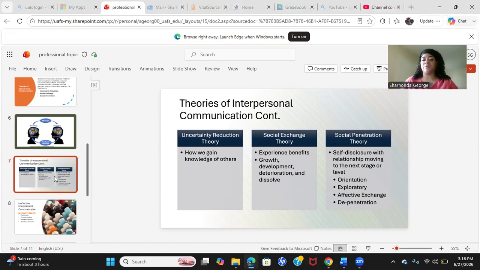Social exchange theory, you can experience benefits with this theory: growth, development, deterioration, and it also dissolves. So with this theory, of course, we're all social butterflies, right? And we have to always be sure to empathize with our coworkers or our friends because that's where you're communicating.